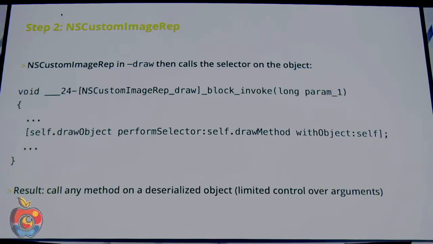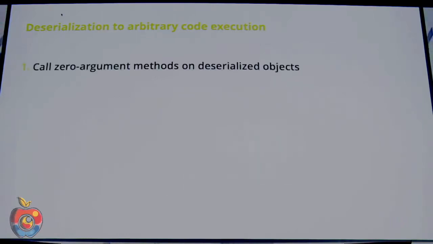Now, sadly, for the next step, I have to skip a little bit because it involves a vulnerability that's not yet fixed. Hopefully it will be in Ventura. So I'm going to skip ahead a little bit and summarize the steps that I just did. So first of all, I could call zero-argument methods on these deserialized objects. And I could call any method on these deserialized objects.